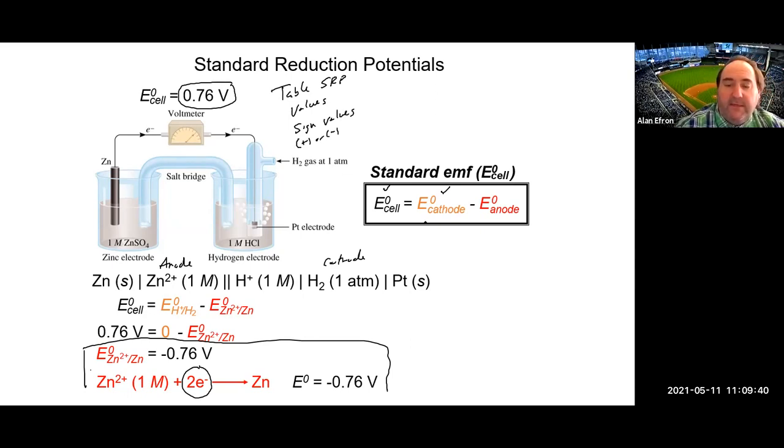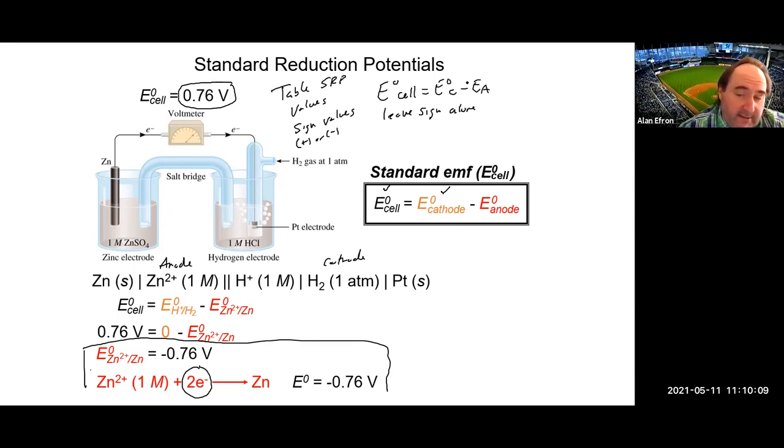And if we decide to use this equation, which is E of the cell is E of the cathode minus E of the anode, we should leave the sign alone, which means whatever you find in that table, even though technically speaking the reaction for the oxidation reaction is incorrect, you should leave the sign alone and not change it.